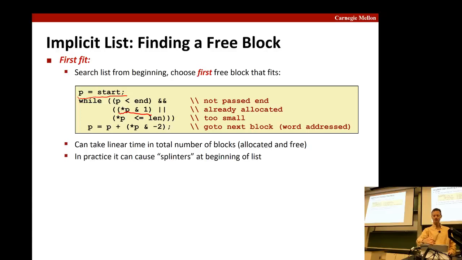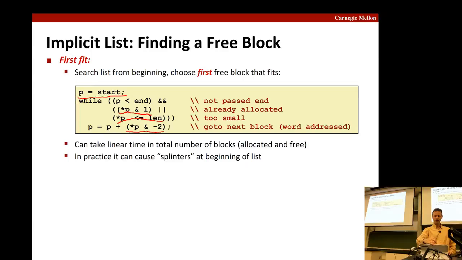So then I go to check to see if it fits. If the length field is less than or equal to the length I'm searching for, then it's too small. And so I continue this while loop by going to the next block.